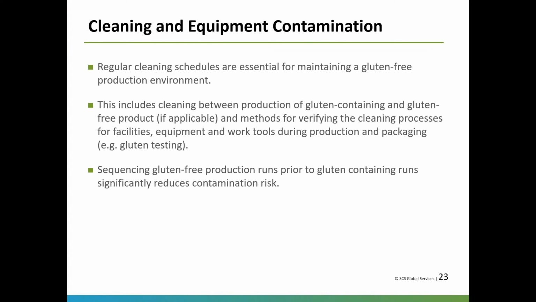Cleaning and equipment contamination. Regular cleaning schedules are absolutely essential for maintaining a gluten-free production environment. This includes cleaning between production of gluten-containing and gluten-free product, if you are using the same lines for both, and methods for verifying the cleaning process of facilities, equipment, and work tools during production and packaging.